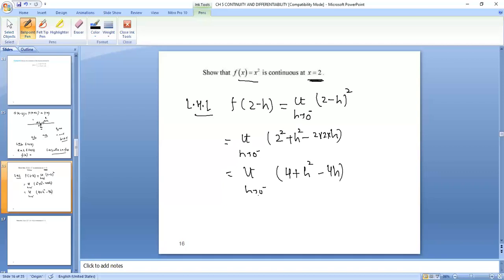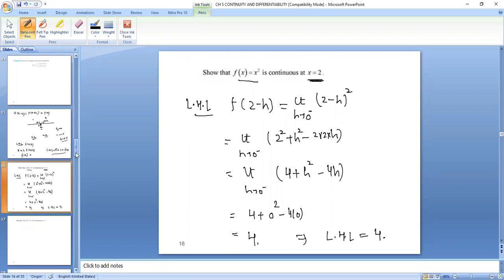Now put the limit. Putting the limit means put h equals 0. So it will be 4 plus 0 square minus 4 into 0, which is equal to 4. So this implies our left hand limit is equal to 4.